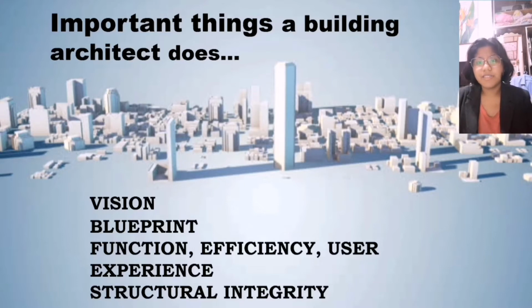Then they have function, efficiency, and user experience. Both building and EA have a role to play within their respective places. One is to design and one is to provide strategies. Both want to make sure that they are doing a great job in reaching their goal, that they are determined and efficient.